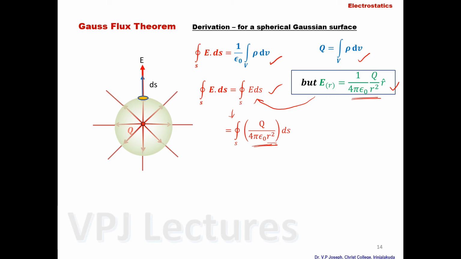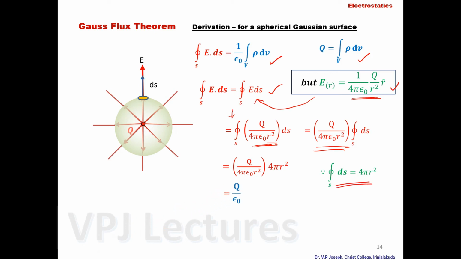So we are expanding E dot ds, the left hand side of this equation. Now q is constant, so we are taking the constant terms outside. Q by 4 pi epsilon 0 r square is taken outside, and surface integral ds. The surface integral ds means the total surface area of the sphere, and that will be equal to 4 pi r square, if r is the radius here.